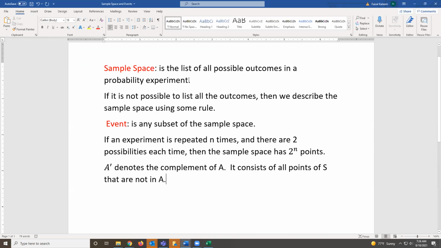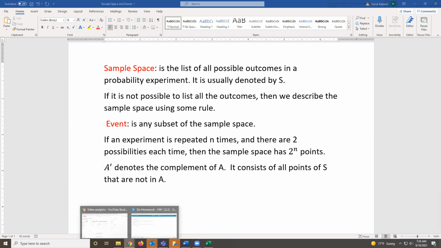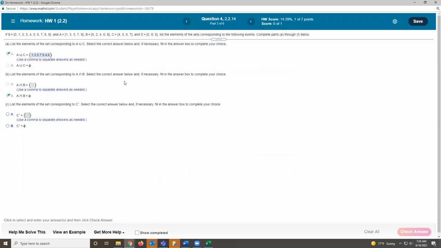So S is the usual symbol for sample space. Sample space is usually denoted by S. So A complement consists of all points that are in S but are not in A. So similarly, C complement will consist of all points that are in S but not in C. So S has 0 through 9 and C has 4, 5, 6, 7.